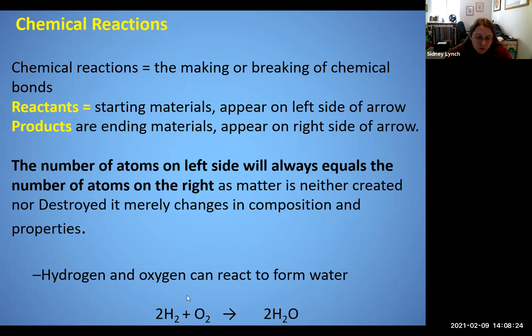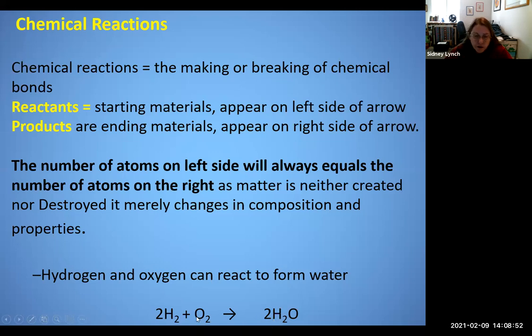The number of each element on one side of the arrow will always match the number on the other side, because following the first law of thermodynamics, matter is neither created nor destroyed. So you have 2 H2s on this side, that's 4 hydrogens. On this side you also have 4 hydrogens, since 2 H2Os contain 4 hydrogens.